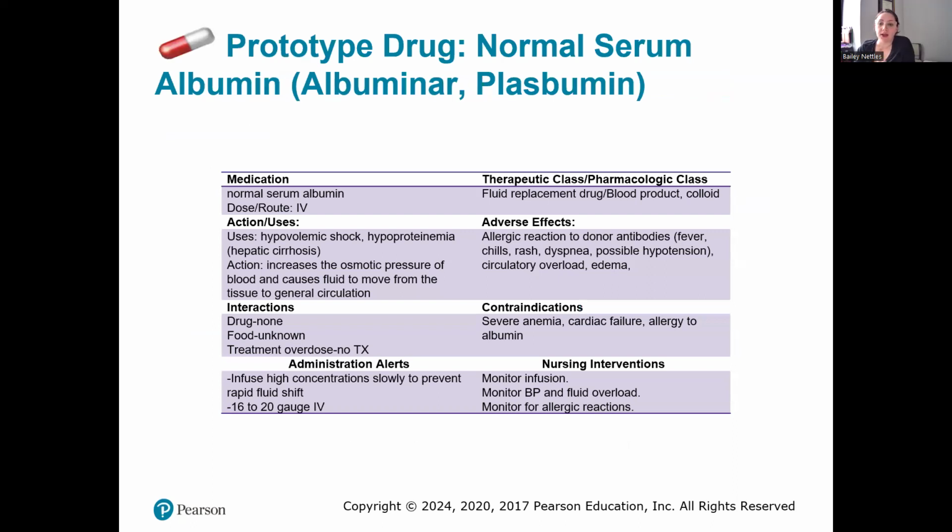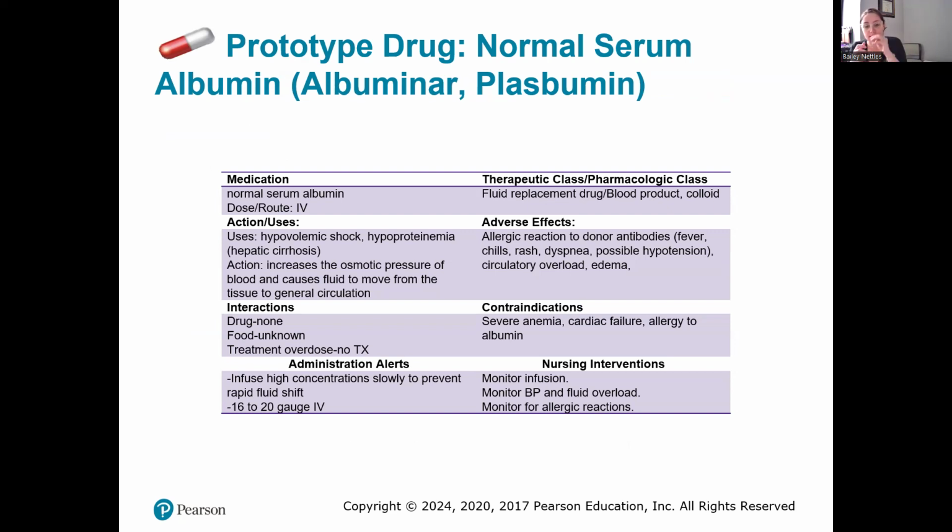All right, albumin. They use this as a fluid replacement drug. We used it a lot when I worked in IR, when someone had a paracentesis and they took out a lot of fluid, and the albumin would help keep it from shifting right back.